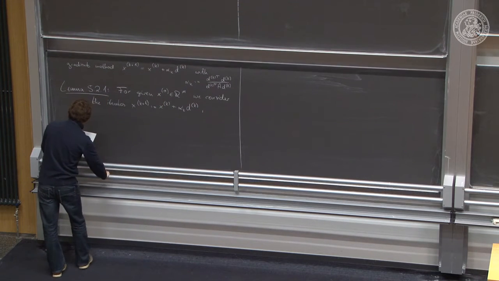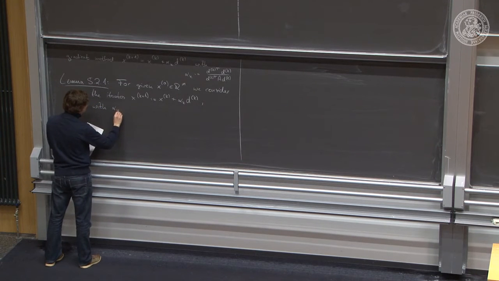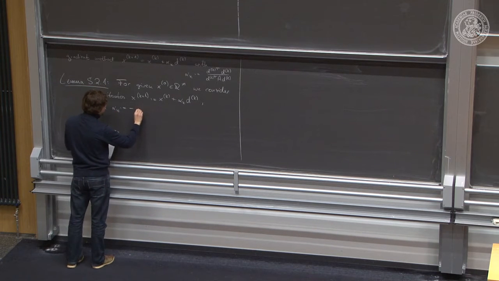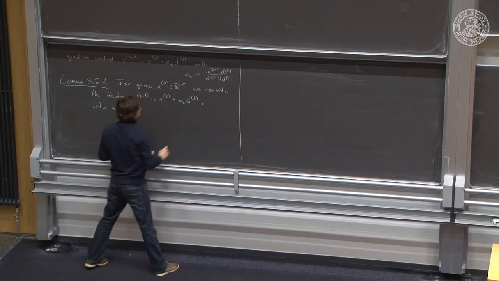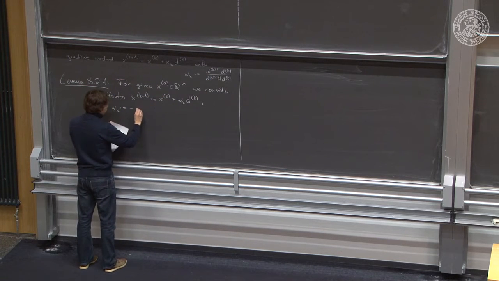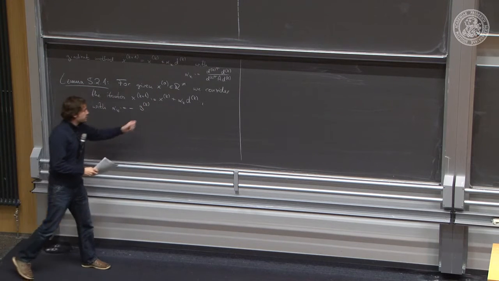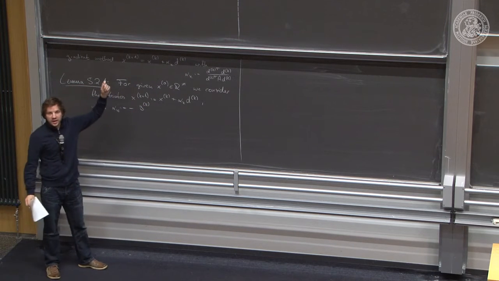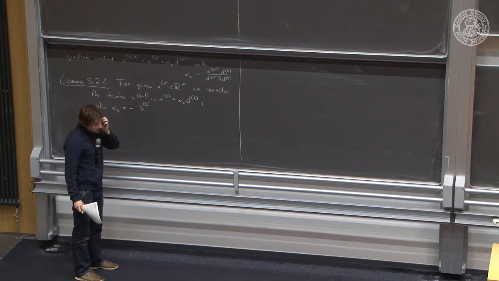And alpha_k is defined as minus, and now it's more or less like this alpha_k, but a little bit different. g_k, and g_k is the gradient of our functional f, that is nothing but the residuum of our linear system.